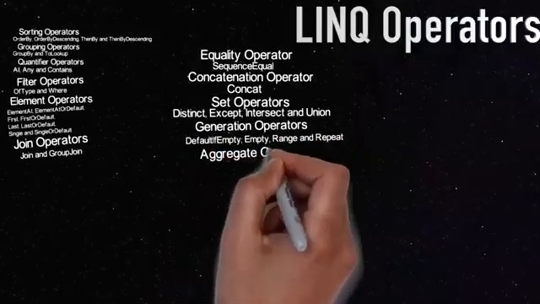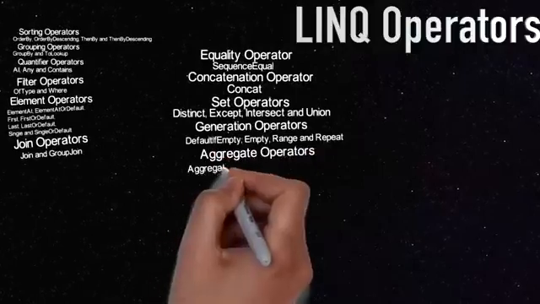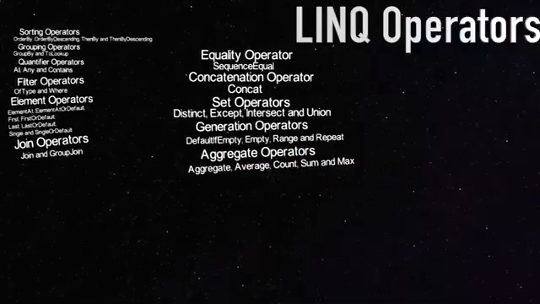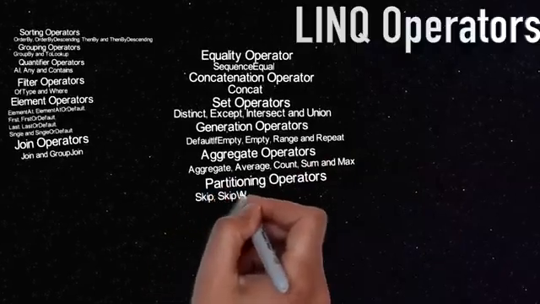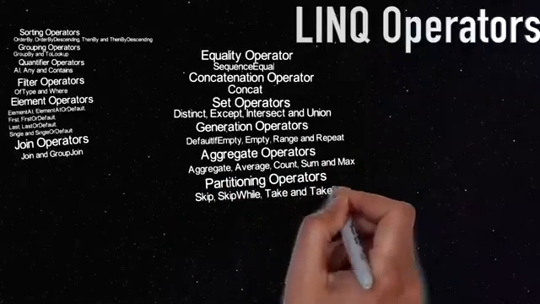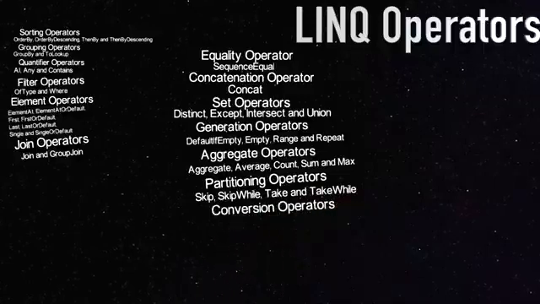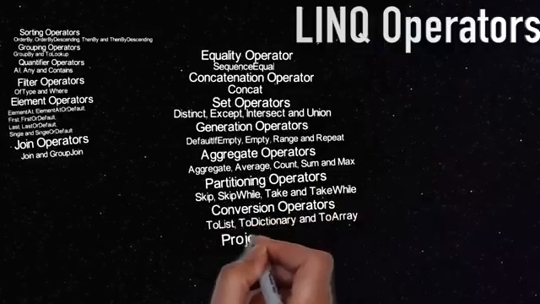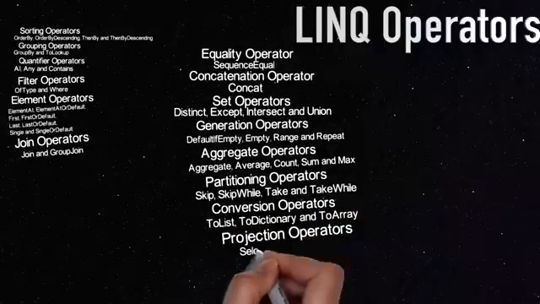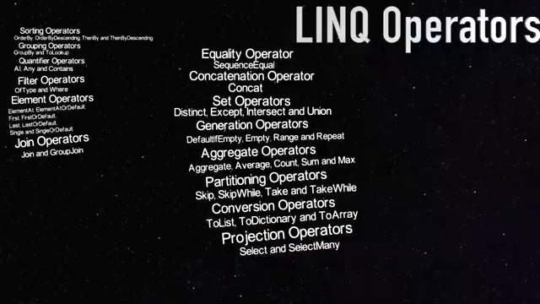The aggregate operators, aggregate, average, count, sum, and max. The partitioning operators, skip while, take, and take while. The conversion operators, to list, to dictionary, and to array. And lastly, the projection operators, select and select many.